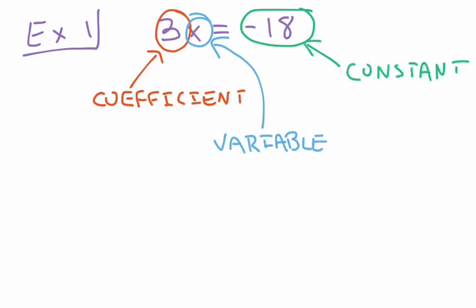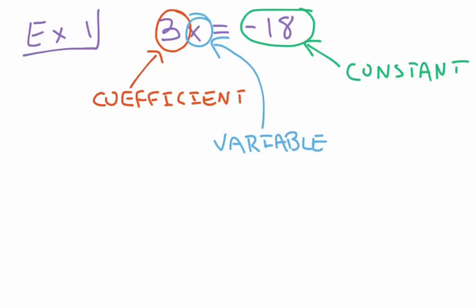So in every single equation, we're going to have these 3 important pieces of information: coefficient, variable, and constant term. And in order to be able to solve this, we need to make sure that our coefficient and our variable are on one side of the equal sign, and our constant term is on the other side of the equal sign. In this problem, that's the way it's set up, so we can go ahead and solve.